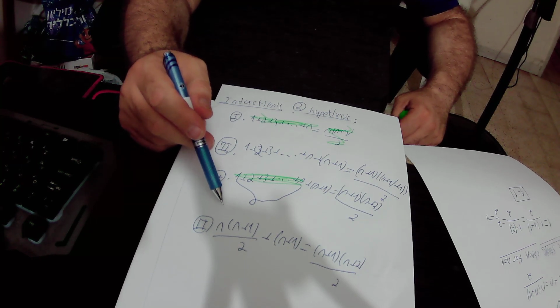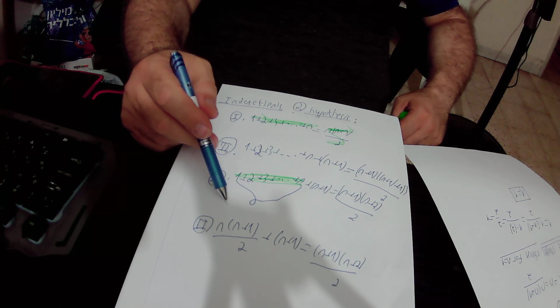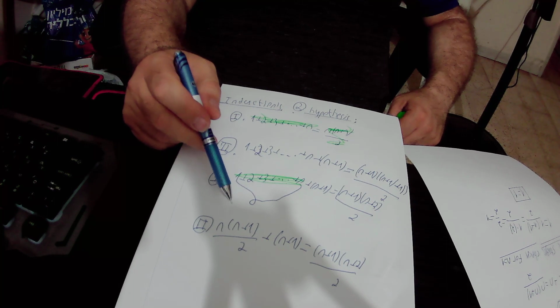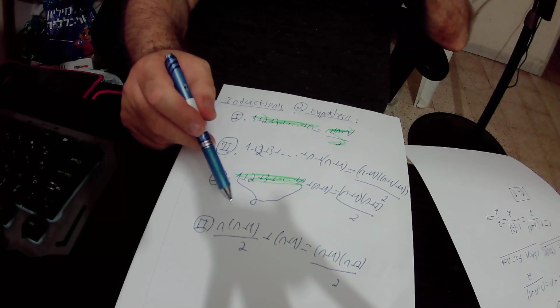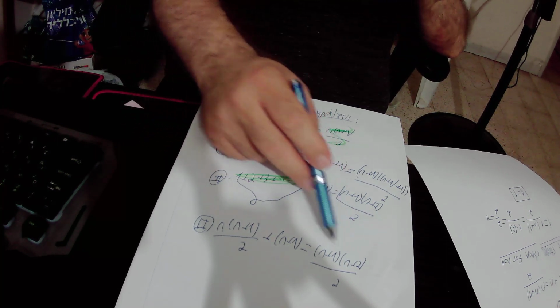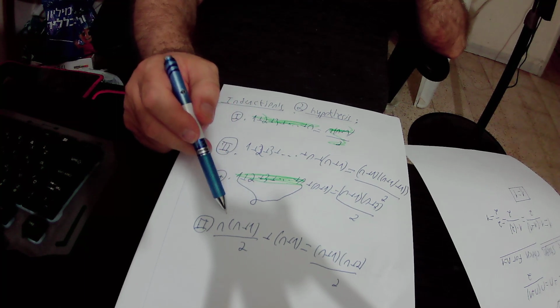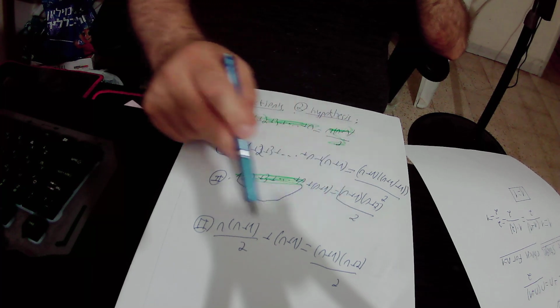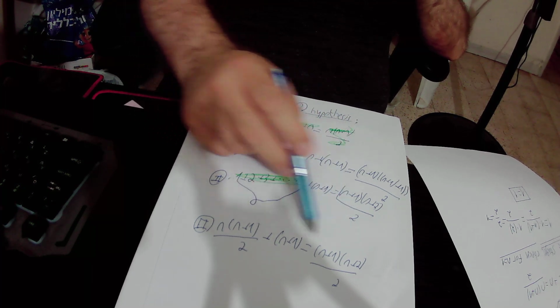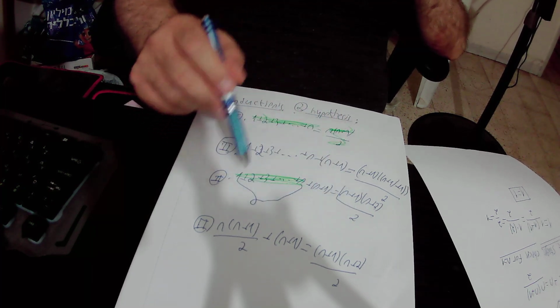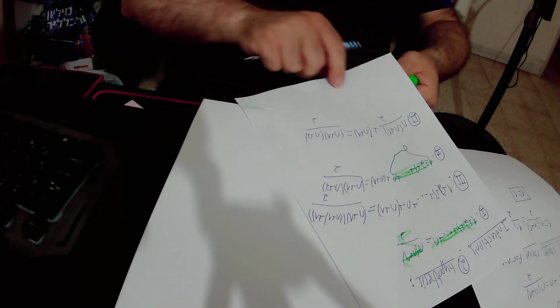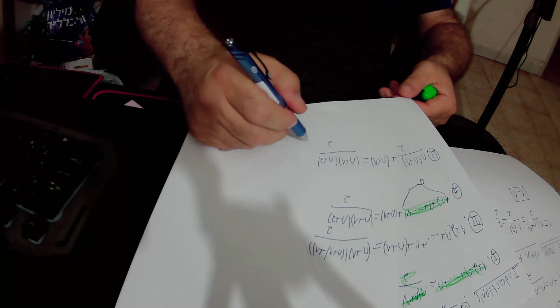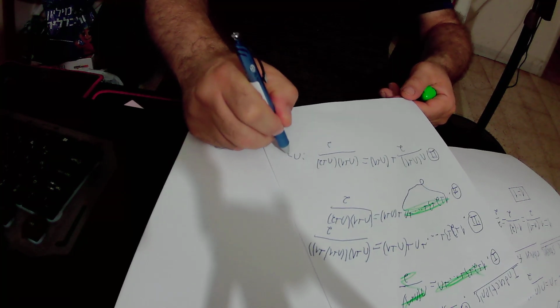And in order to prove that it is true, we can see that in the equation we have n plus 1 on both sides of the equation, so we can divide both sides of the equation by n plus 1, because we have n plus 1 on both sides. So we will divide the equation by n plus 1.